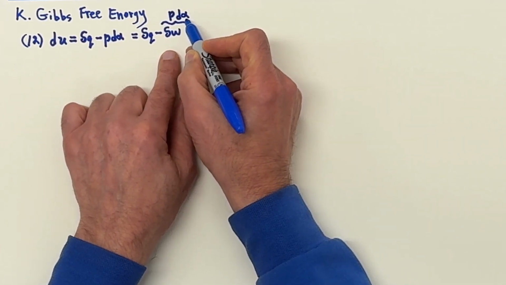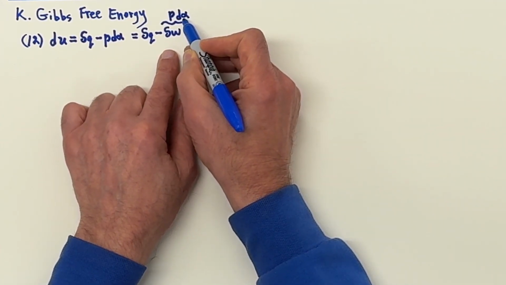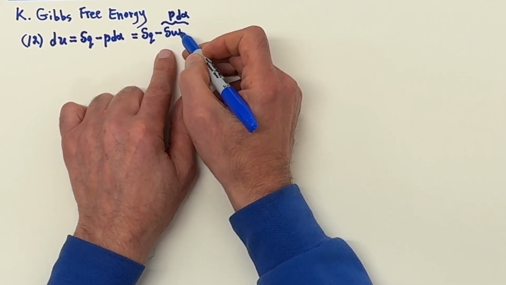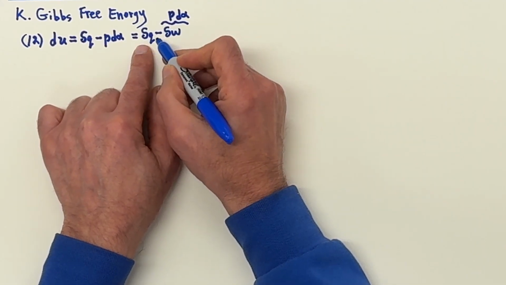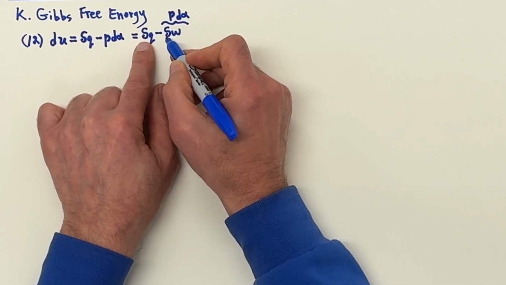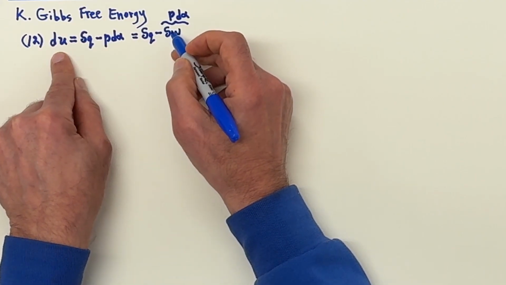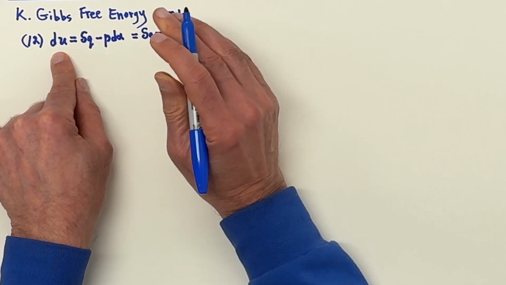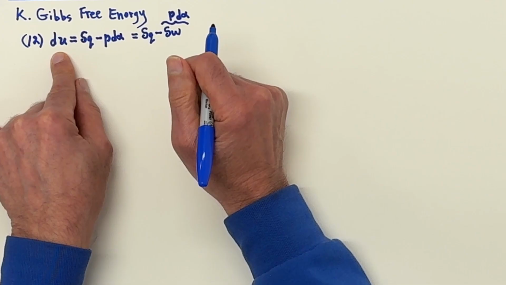They're exact differentials, the specific volume and the pressure. But the combination here depends on the integration path. But notice that when you have two of these inexact differentials and subtract them, you get an exact differential where you can integrate du and get u final minus u initial.